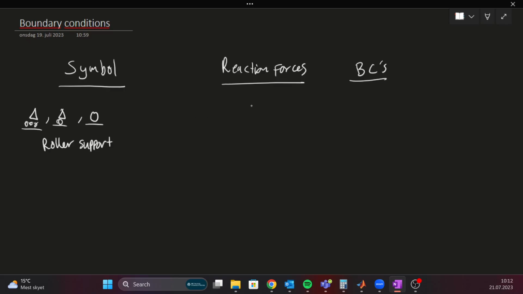The reaction force for this is only one force, upwards. And the boundary conditions for these are that y equals 0 and y double prime equals 0. This means that the moment is equal to 0. Okay.